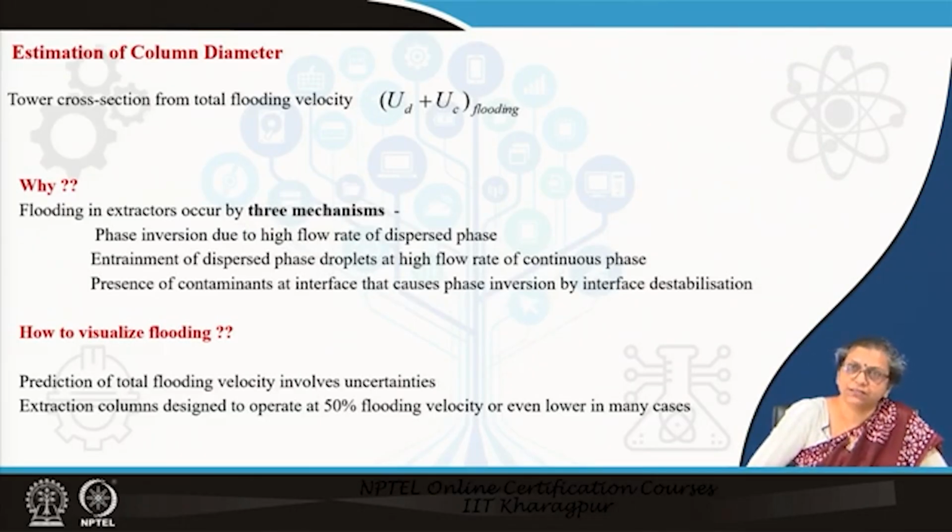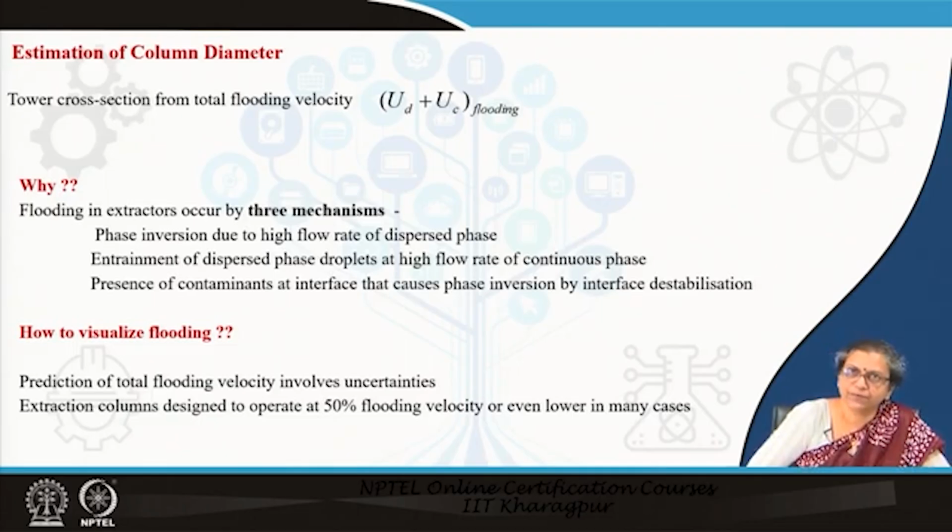But there is one other thing. Instead of increasing the velocity of the continuous phase, if you increase the velocity of the dispersed phase, what do you get? There is a phenomenon known as phase inversion, which is unique to liquid-liquid systems. It does not happen for gas-liquid systems.